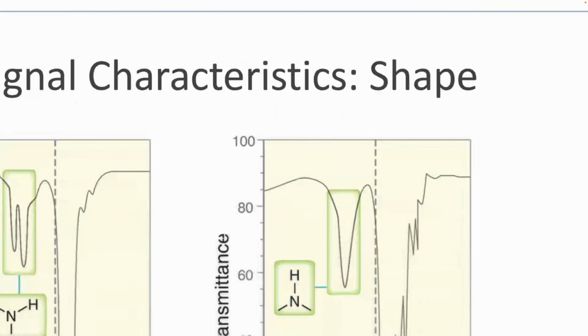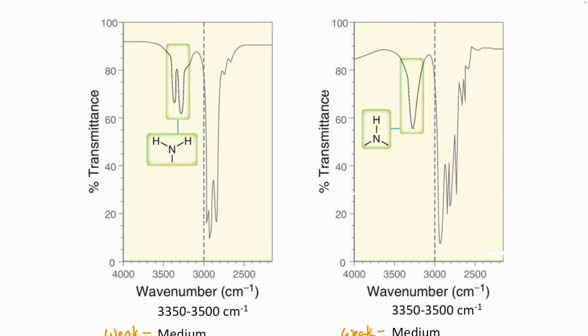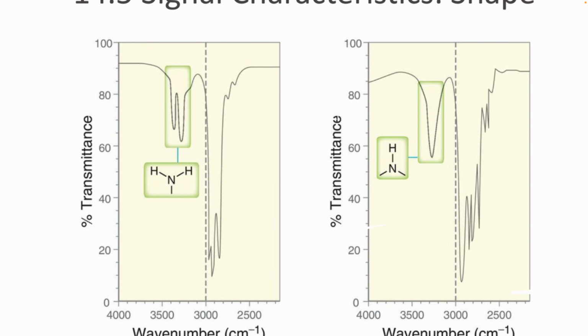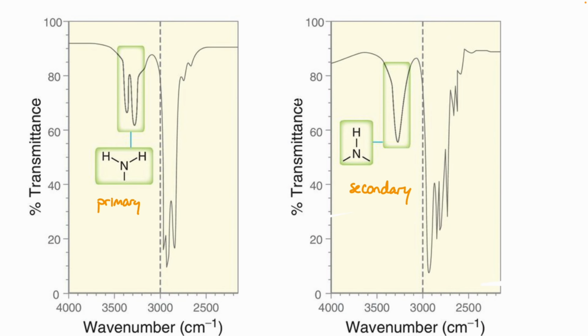Okay? There is a little bit of a distinction that we can make between our primary and secondary amines here. So first of all, again, this would be a primary amine. This would be a secondary amine. All right, they're both absorbing north of that 3000 line, that extra line that we put down in our something with hydrogen portion of our spectrum.